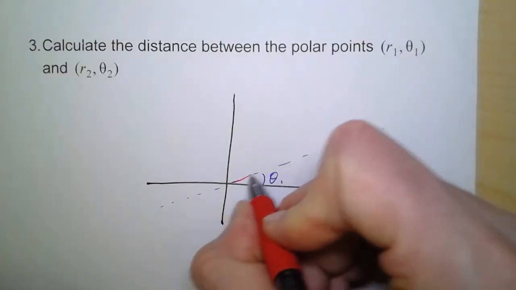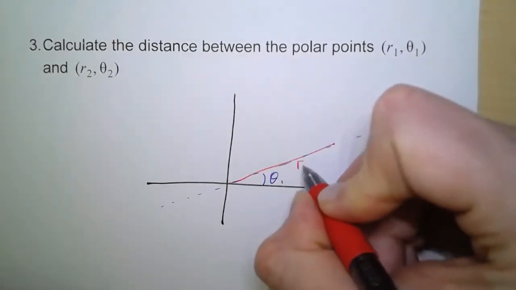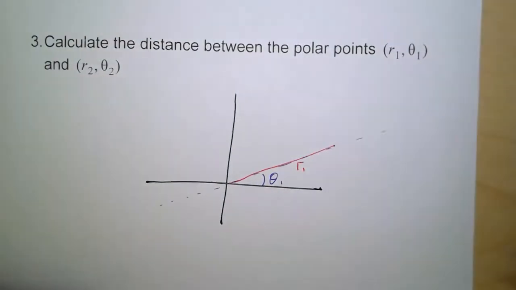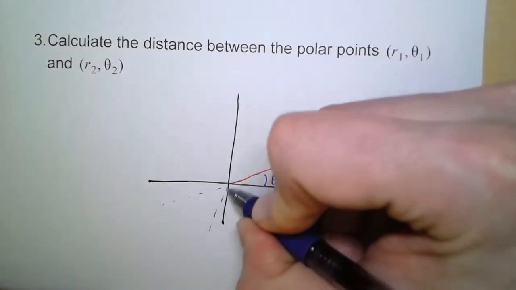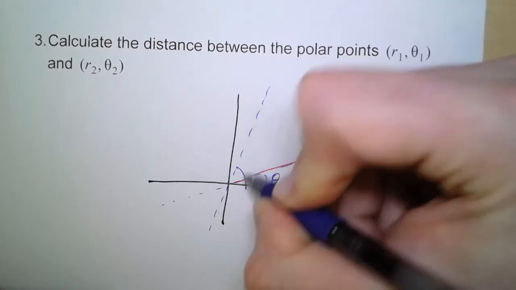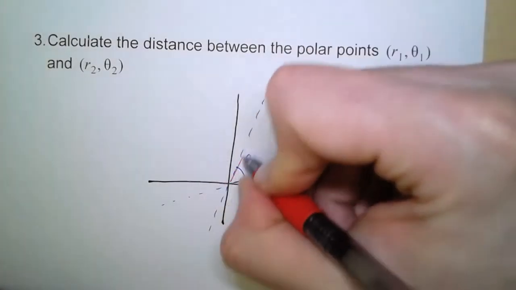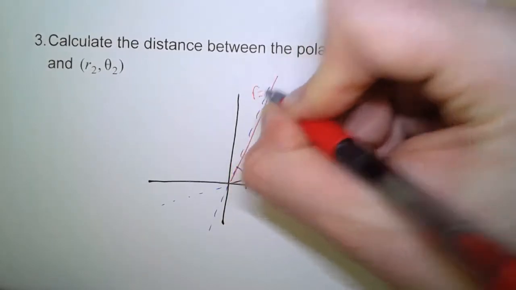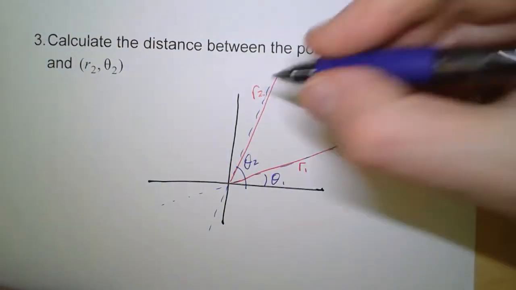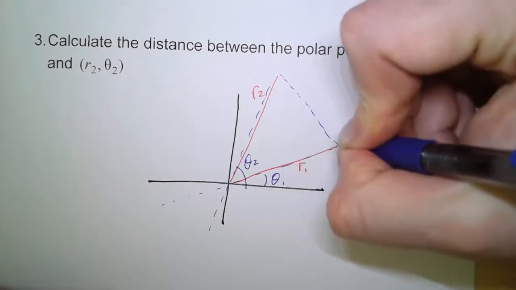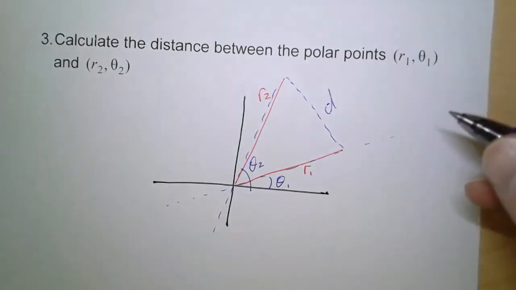And this length right here is r1. Now, let's say theta 2 is up here. Theta 2. And let's say that our distance right here is r2. And so our distance is d right there.